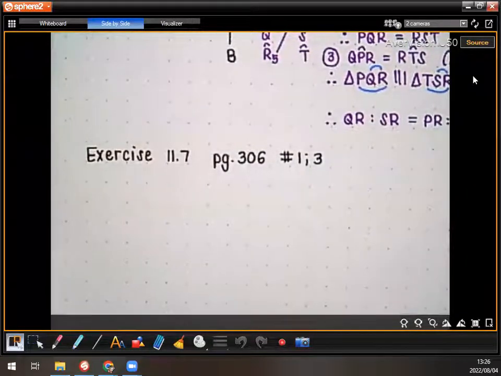Number 1 has 4 questions and number 3 also has 4 questions.